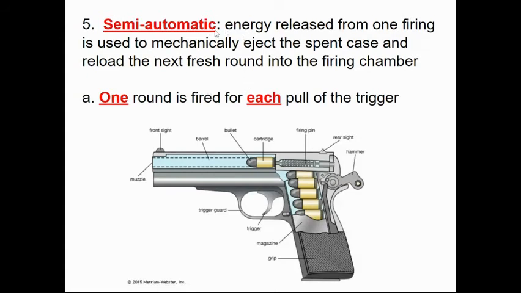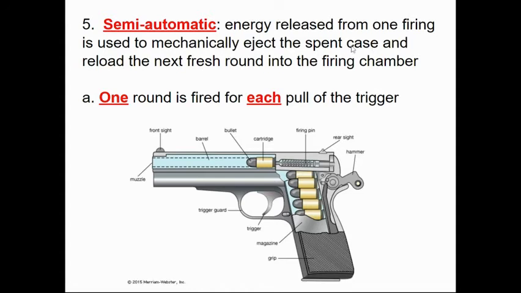Semi-automatic. Okay, so we hear things about automatic, semi-automatic, fully automatic, machine guns. Some of these terms are used in different ways depending on context, but in this case, semi-automatic means that the energy released when you fired actually ejects the spent casing and then reloads a fresh one into the firing chamber.